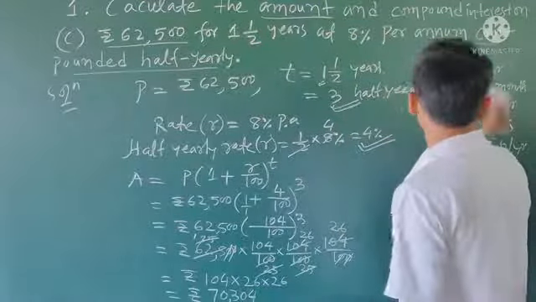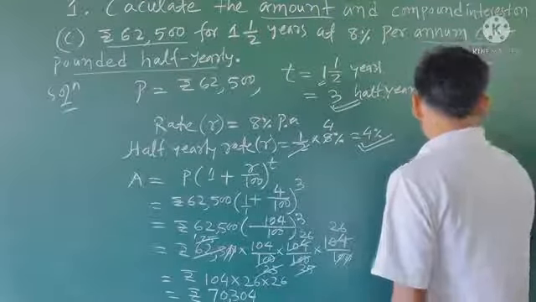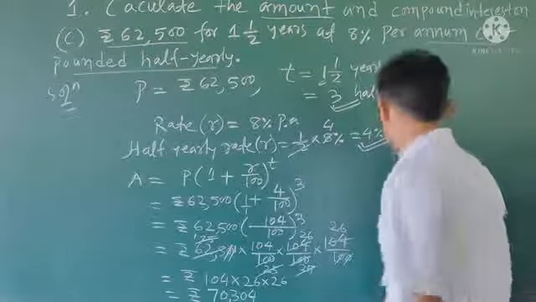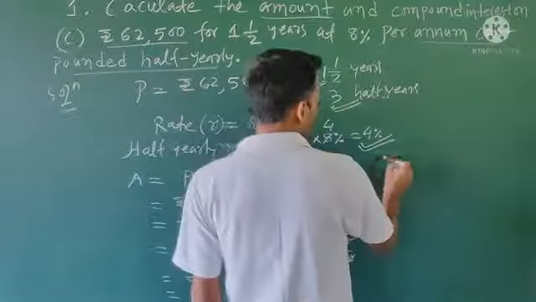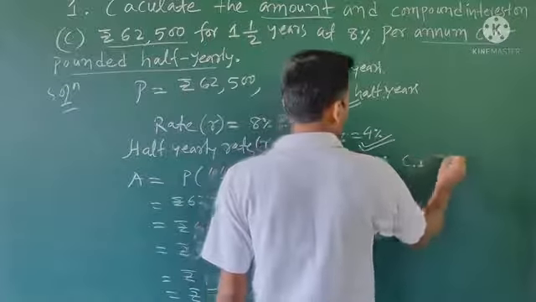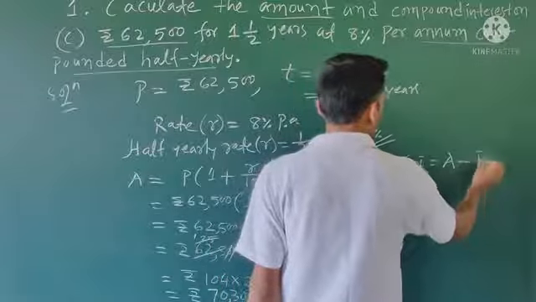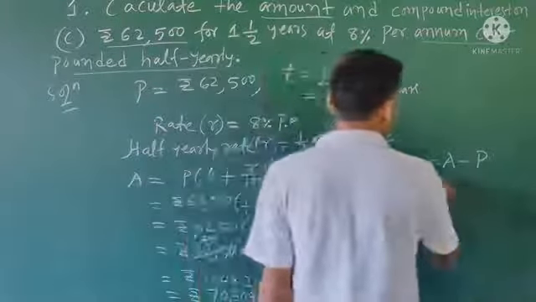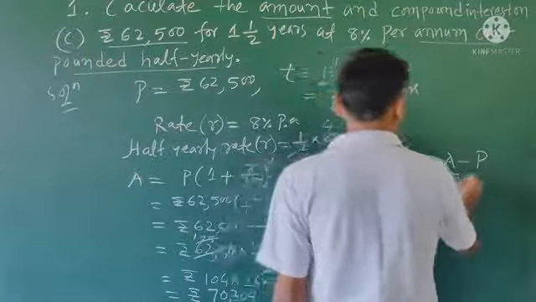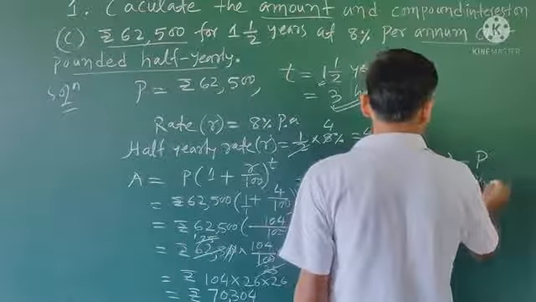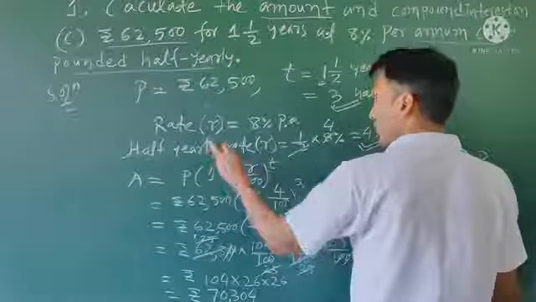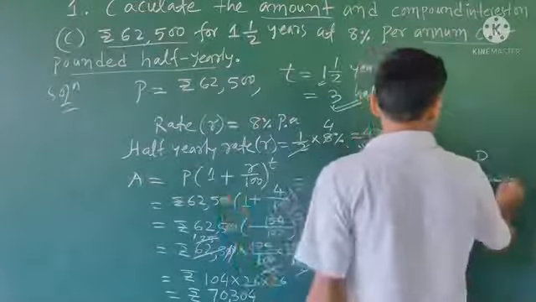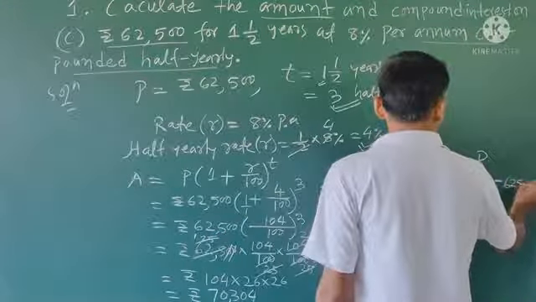Now you find compound interest. Therefore compound interest is amount minus principal. From the amount, if you subtract the principal amount, then you will get compound interest. Amount we get 70,304. Principal amount is 62,500.